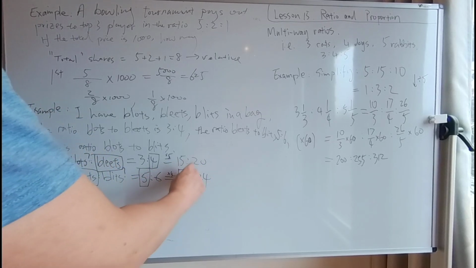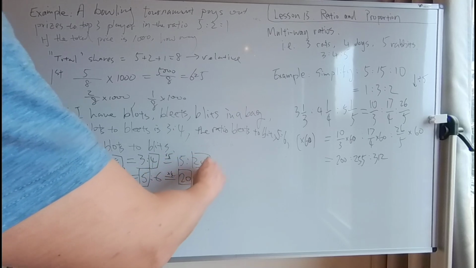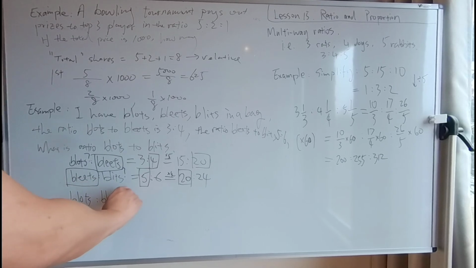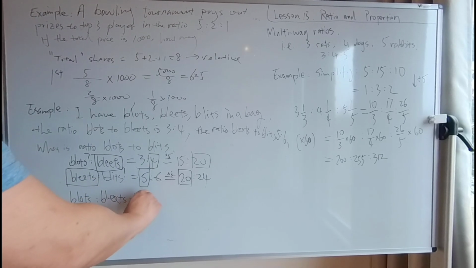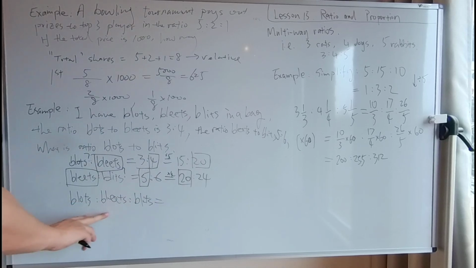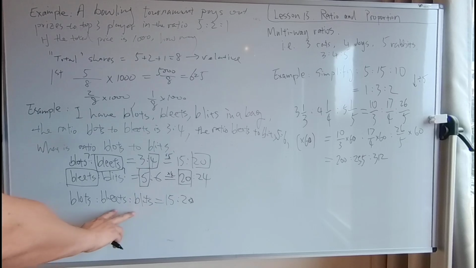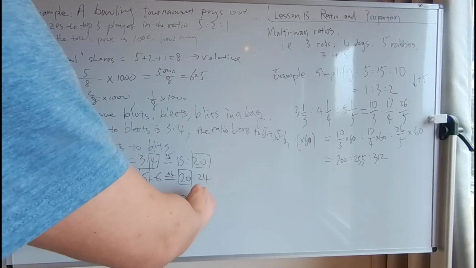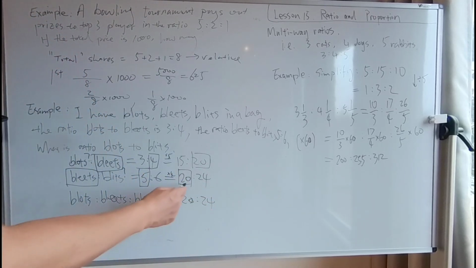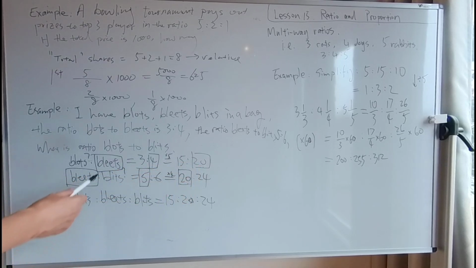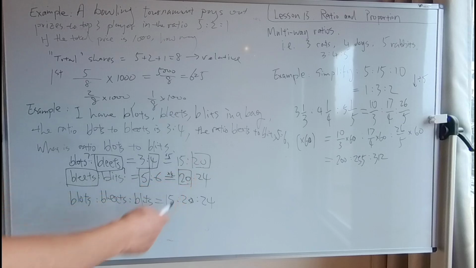Now you have the same quantity 20 and 20 here, which means the ratio between the three quantities is, the first two is 15 versus 20, and then the last two is 20 versus 24, right? And because now I converted the relative quantity of bleeds into the same quantity, this can be linked or written together.